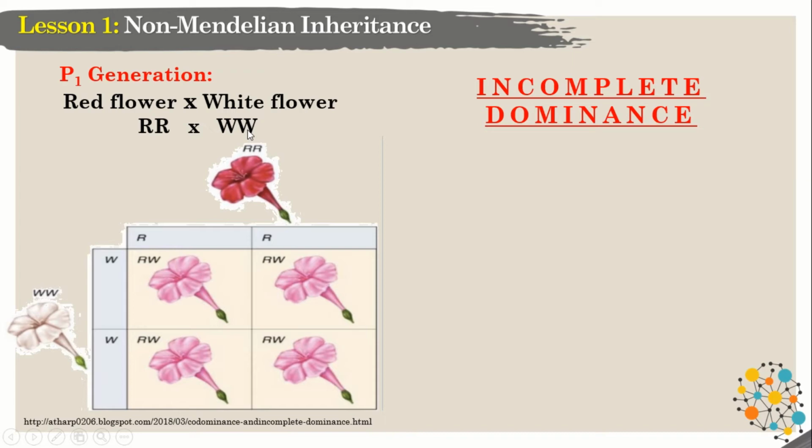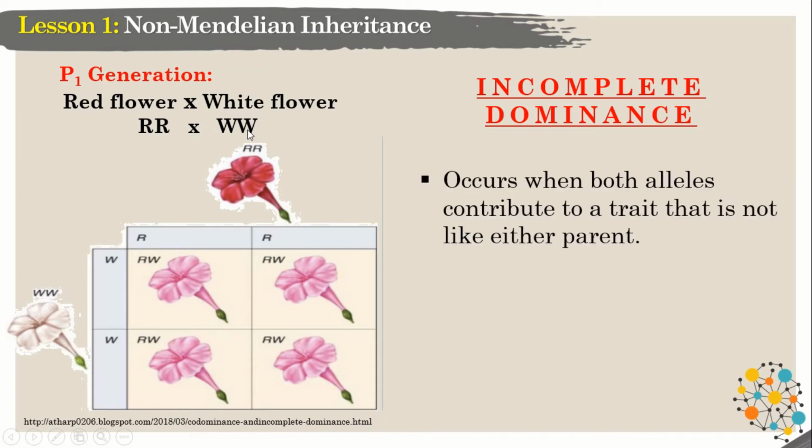So, what is incomplete dominance? Incomplete dominance occurs when both alleles contribute to the trait that is not like either of the parents. Meaning to say, both contributed to the offspring. But this time, when you look at the offspring, it is not the same as the parents.